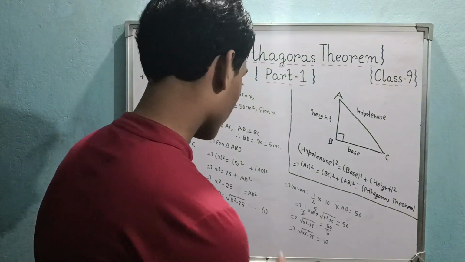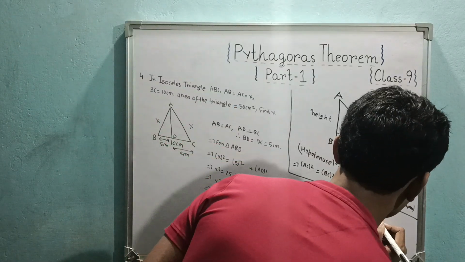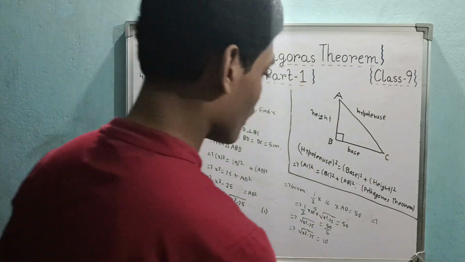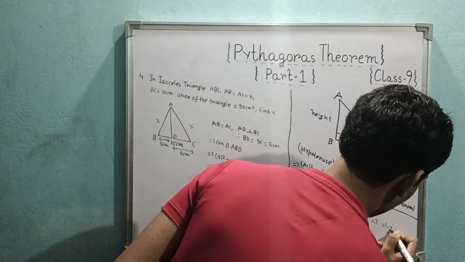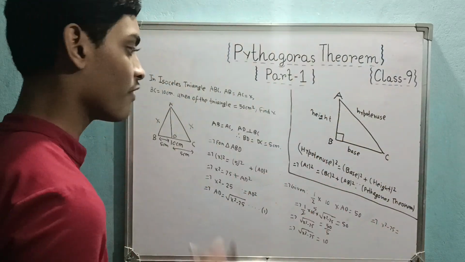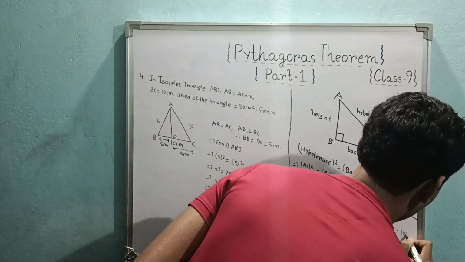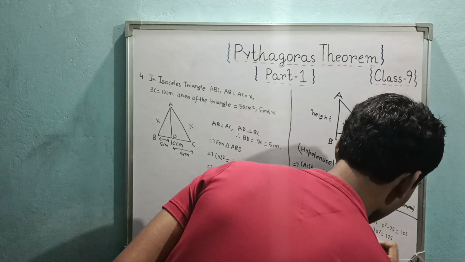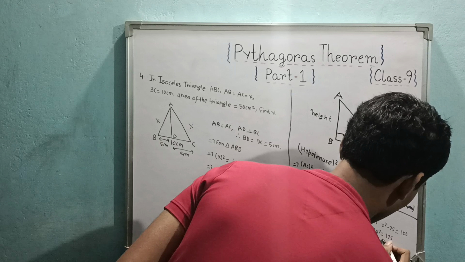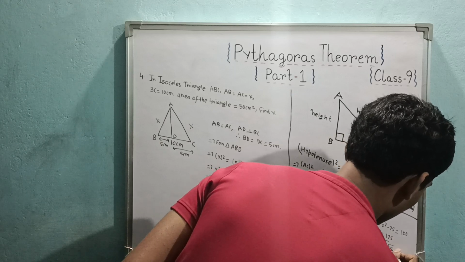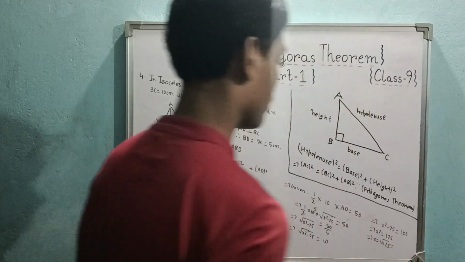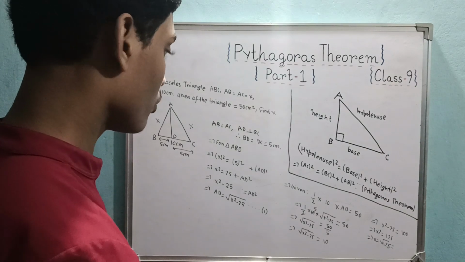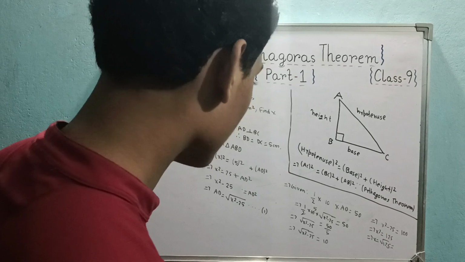Now squaring on both sides, this becomes x square minus 25 equal to 10 square, which is 100. Or x square equal to 100 plus 25, which is 125. x equal to root 125.